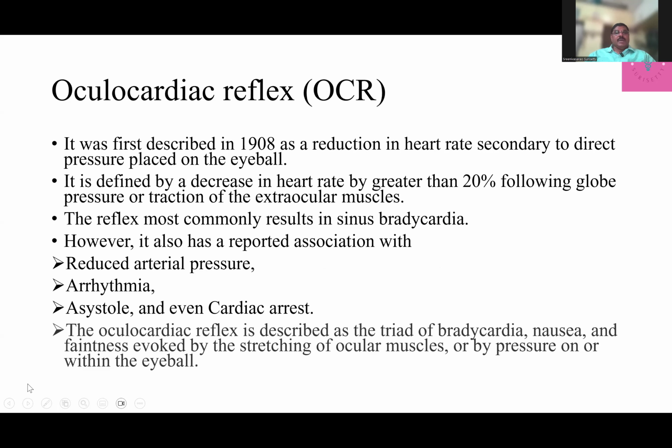Coming to the oculocardiac reflex, it was first described in 1908 as a reduction in heart rate secondary to direct pressure on the eyeball. It is defined by a decrease in heart rate by greater than 20% following globe pressure or traction of the extraocular muscles. So when you describe the oculocardiac reflex, a greater than 20% decrease in heart rate should be present.